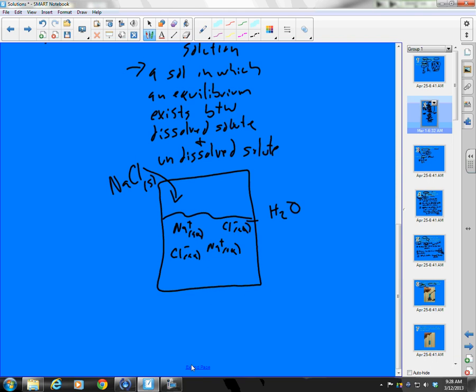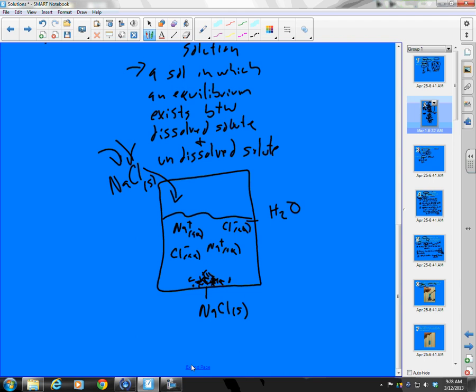We overcame the hydrogen bonding in my water, and now my water surrounds my sodium ions and my chloride anions. But if I keep adding more and more of this, eventually there's not enough space between my water for the ions to exist, and I'll start getting a lump of solid at the bottom, and this is really NaCl that is solid. I've added too much sodium chloride for all of it to dissolve.